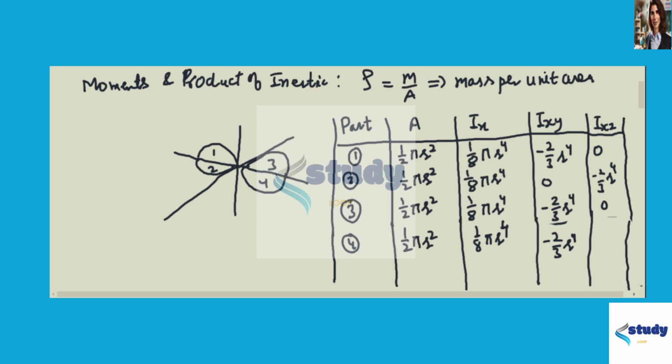That I have written wrong, it will be 0. So if we find the summation, it will be 2 pi r square, half pi r to the power 4, minus 4 by 3 r to the power 4.